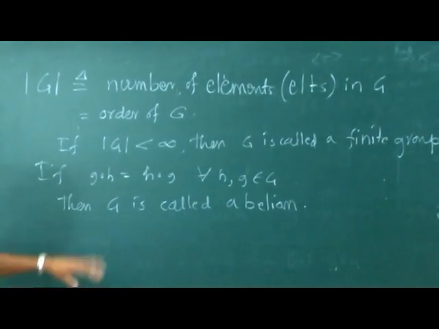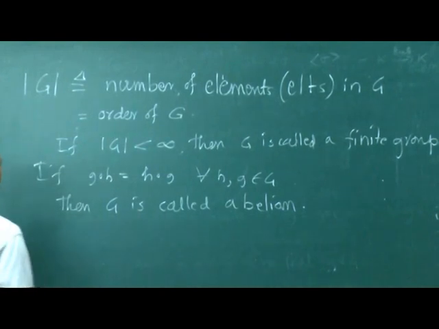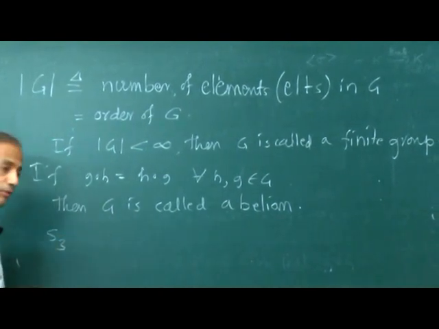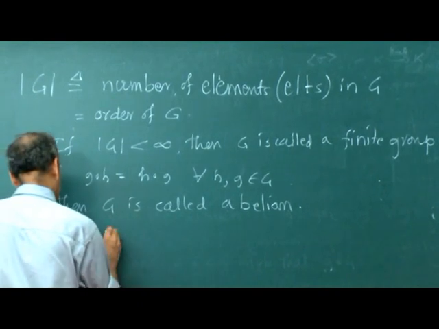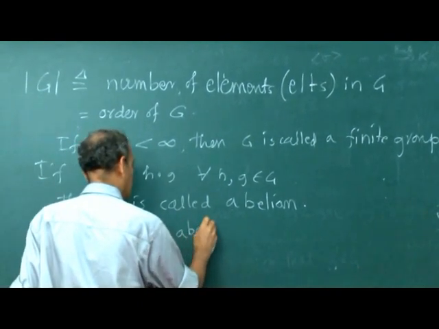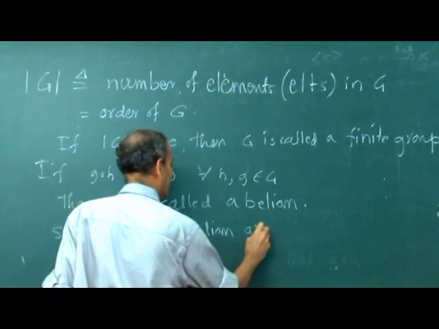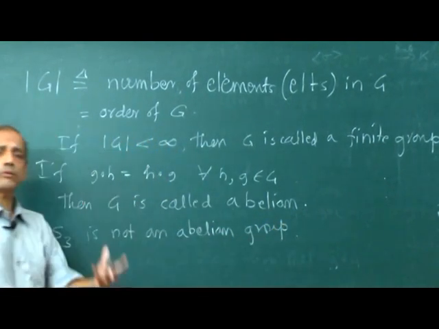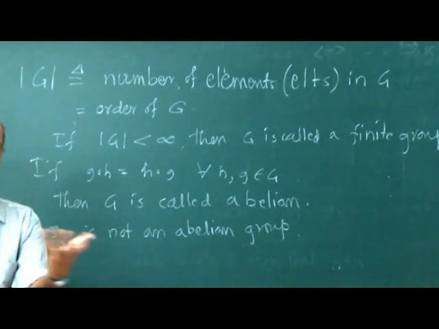So, S3, which we saw earlier, is not an abelian group. You can check by finding two permutations which do not commute.